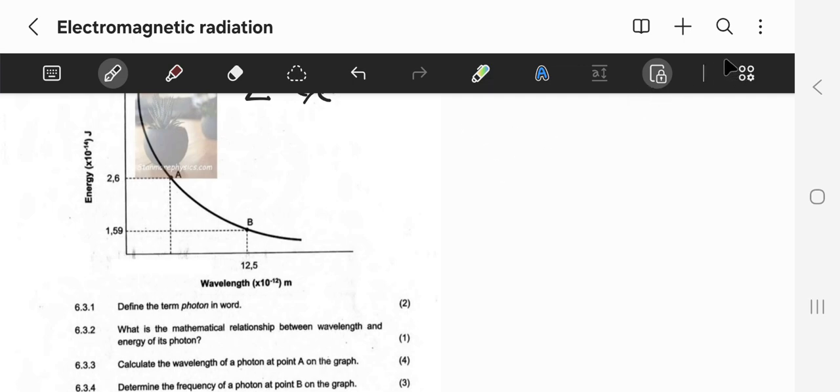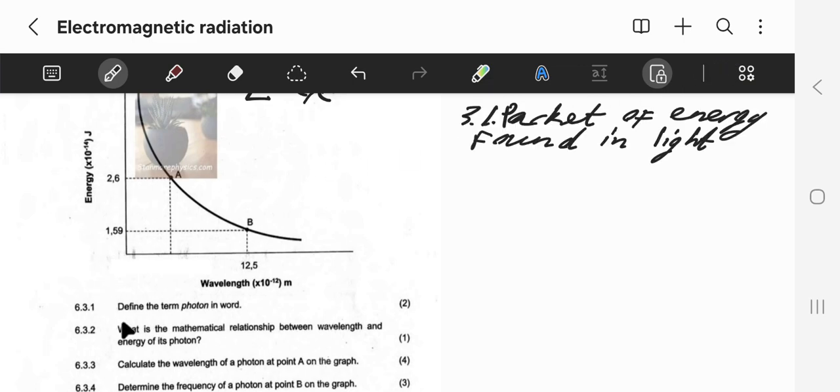Then 6.3.2 says what is the mathematical relationship between wavelength and energy of a photon? And we just talked about it, guys. We are gonna say the relationship is inversely proportional.